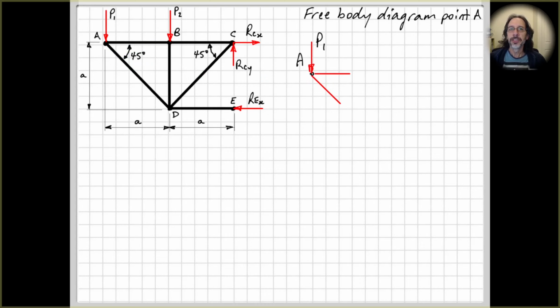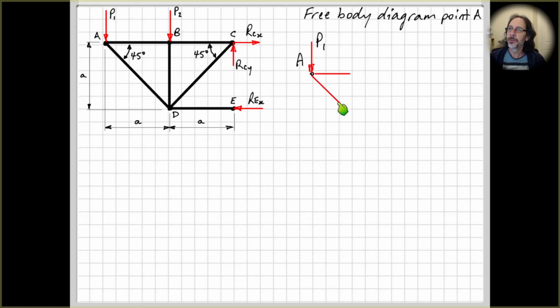And now we can just start to look at it and work out whether this is going to be up to the left or down to the right, whether this is going to be to the right or to the left. And we can do that by thinking through the equilibrium equations. So if we look at this one here, we can't tell the horizontal direction straight away.